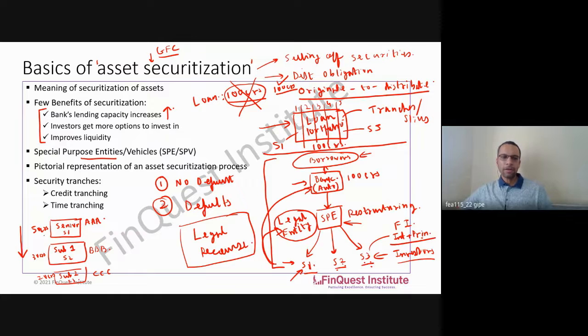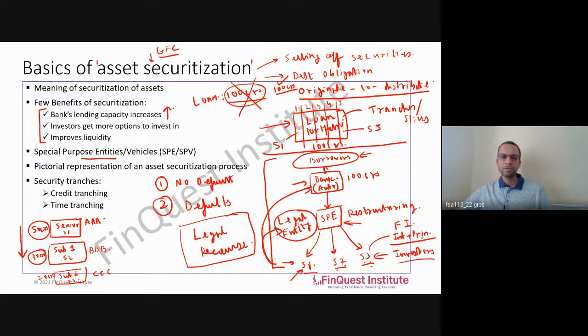So firstly, the interest requirements of the senior tranche are met. Every tranche will receive interest. After that, your senior tranche principal will be addressed first. Once 50 crores are paid out, whatever remains after that will be used for repaying the 30 crores of subordinated one.